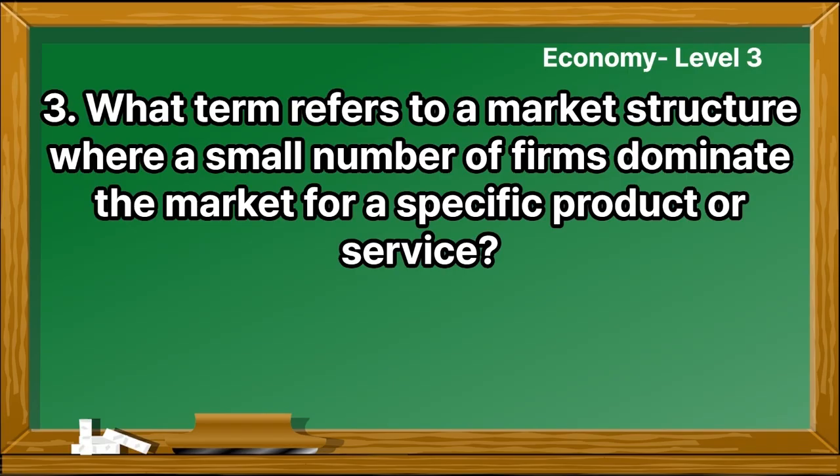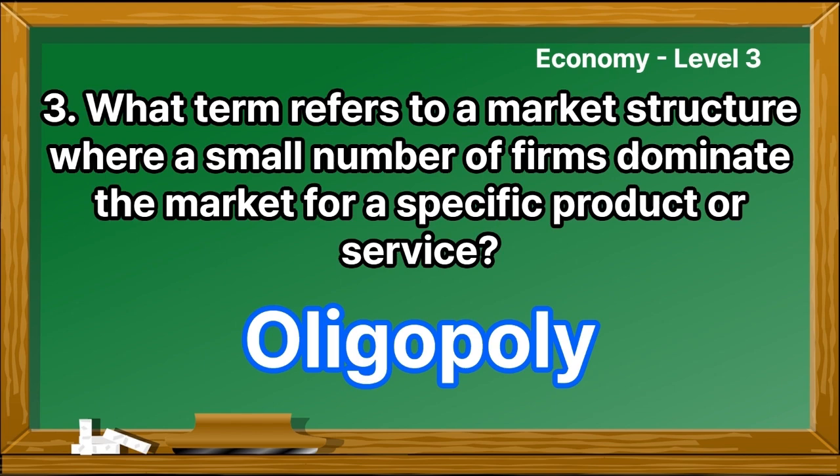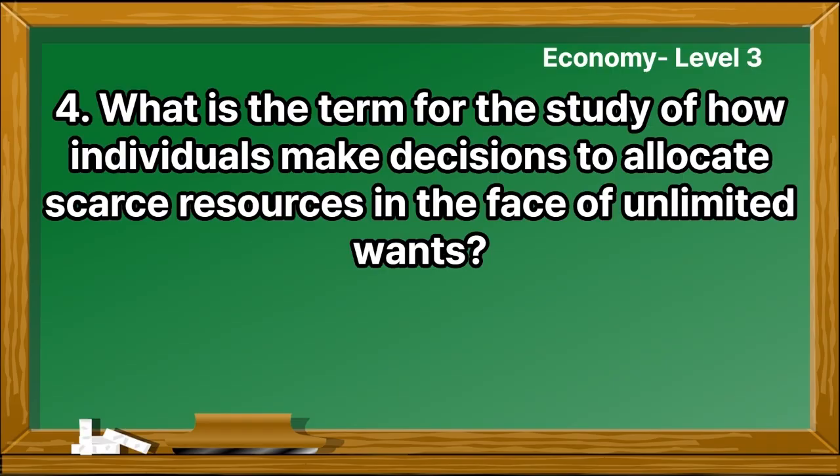What term refers to a market structure where a small number of firms dominate the market for a specific product or service? Oligopoly. What is the term for the study of how individuals make decisions to allocate scarce resources in the face of unlimited wants?